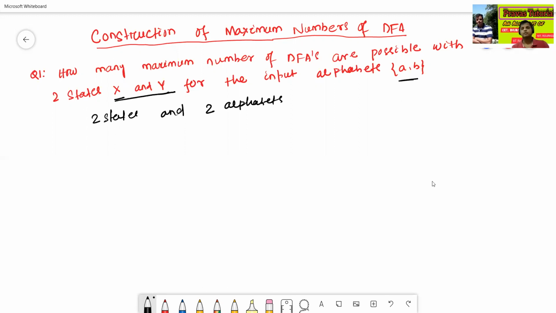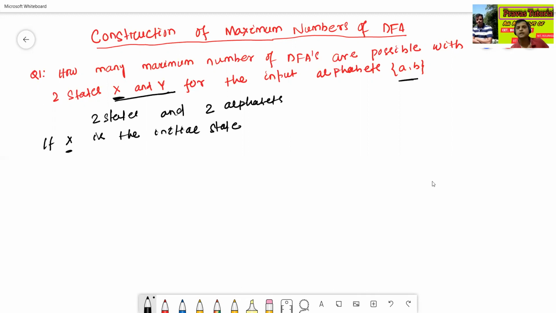Now see, if X is the initial state, we'll check the first case.